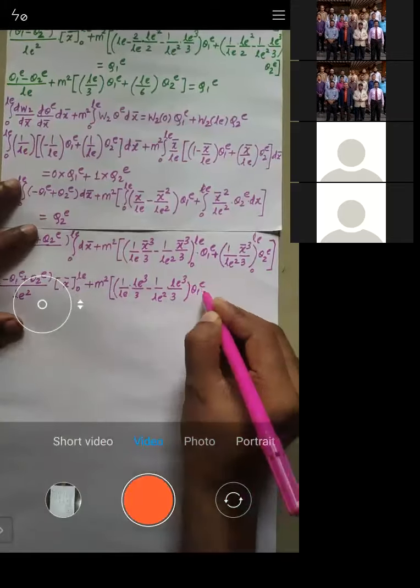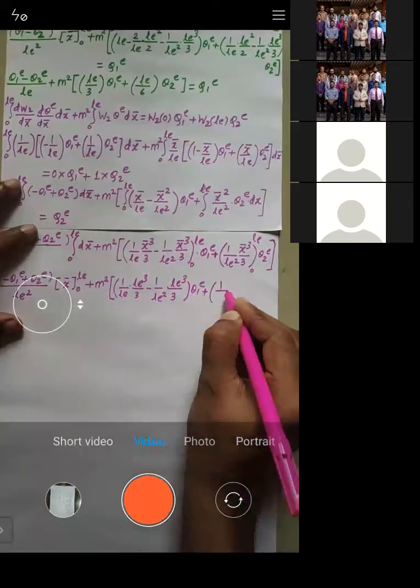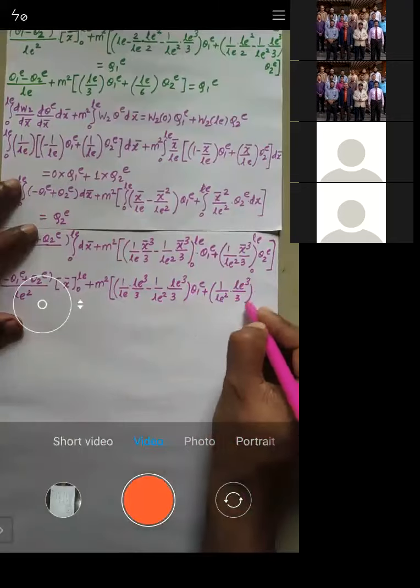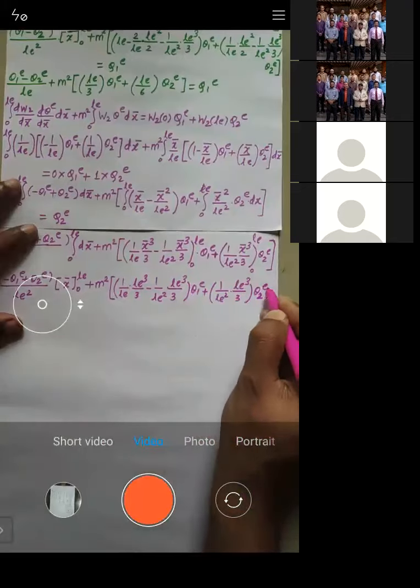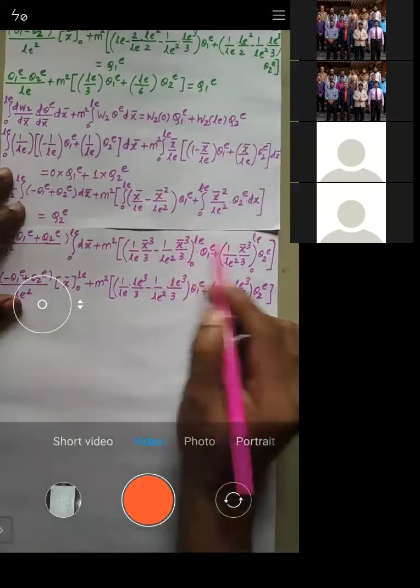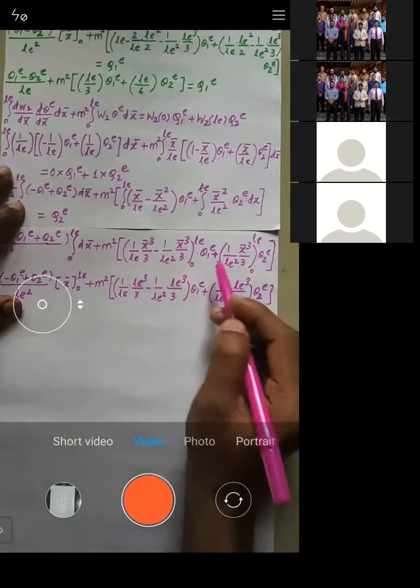Into theta 1 E plus 1 by L E square into L E cube by 3 theta 2 E. This is the equation you will get when you put the limits.